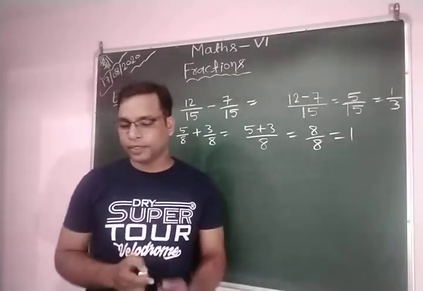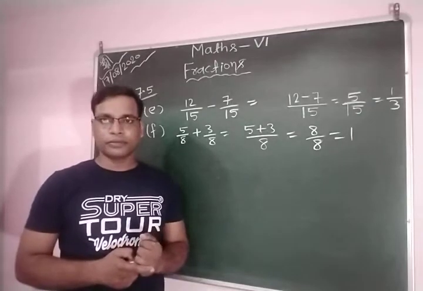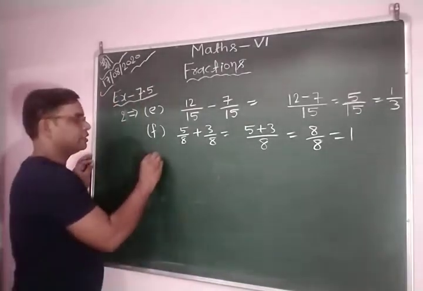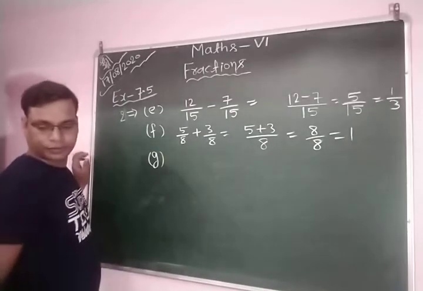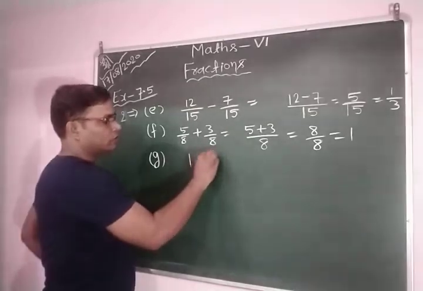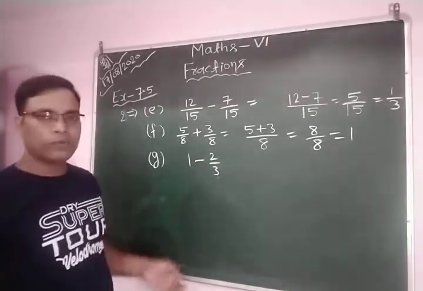Okay, now the next part, this is the g part. This is equal to 1 minus 2 by 3. Okay, 1 minus 2 by 3.